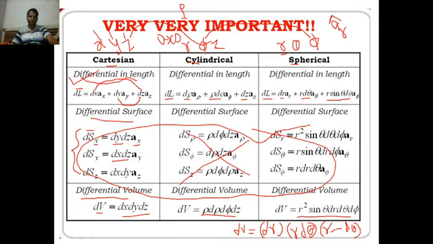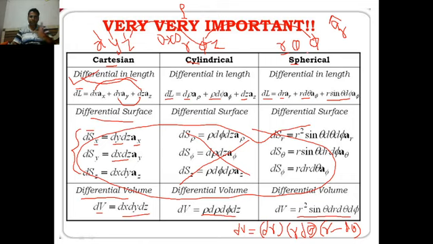Phi can vary from, recall, the phi plane starts from the xz plane. It can move in the anti-clockwise direction, so it can take a complete cycle, 0 to 2 pi. So phi can vary from 0 to 2 pi. This z can vary from minus infinity to plus infinity. This r, the radius of the sphere, can vary from 0 to infinity.